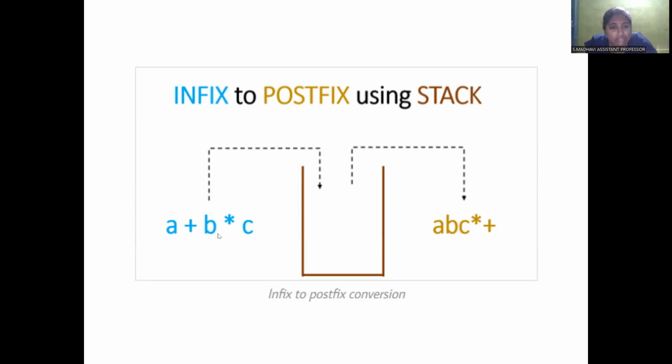An expression is a combination of operands and operators. Given an expression, we call this an infix expression because the operator lies in between the operands. So the plus comes between the A and B operands, and the star lies between the B and C operands. Okay, so this is an infix expression.